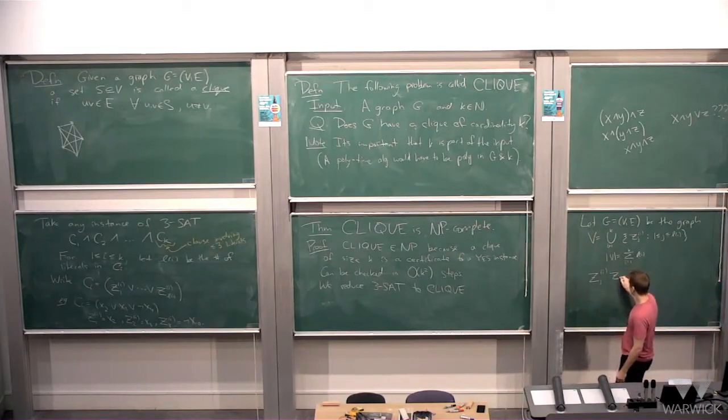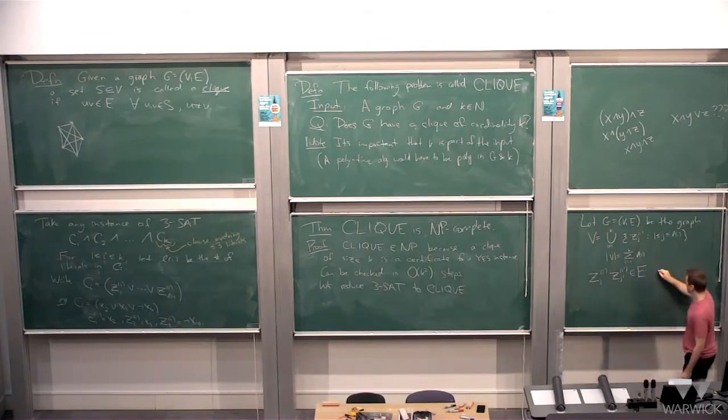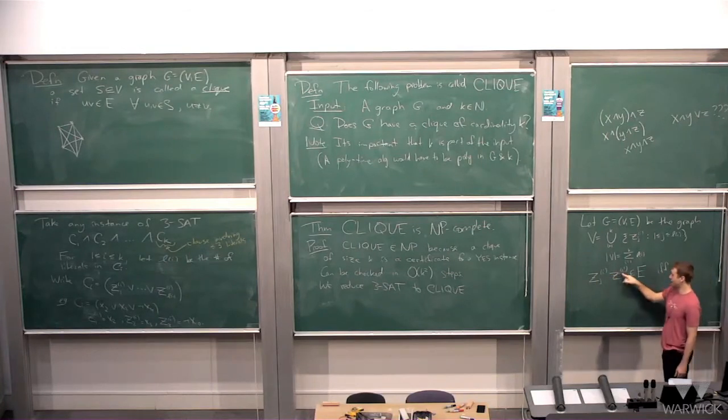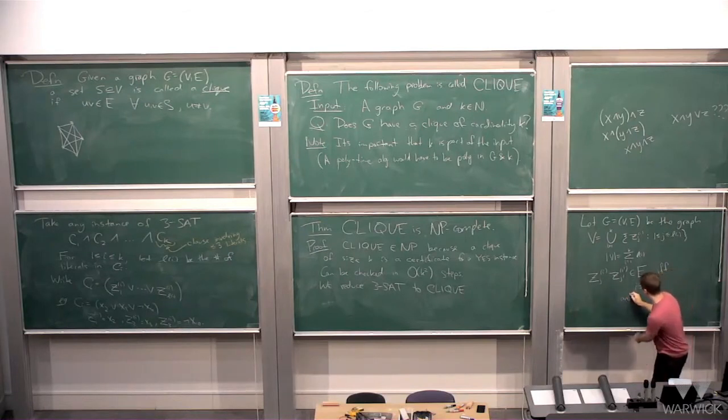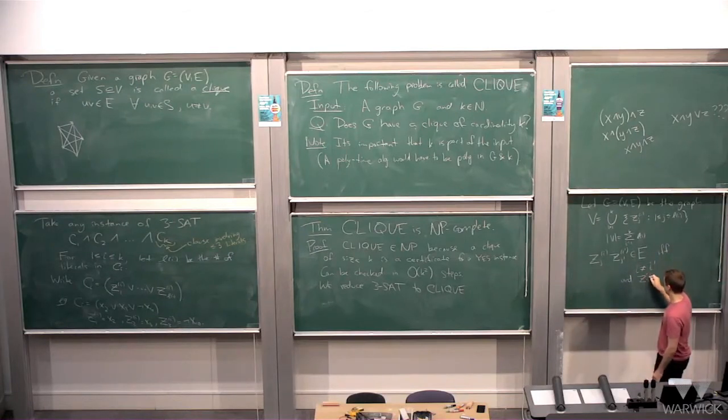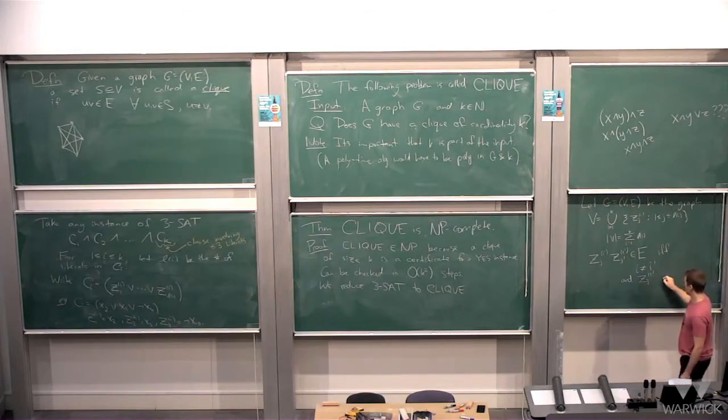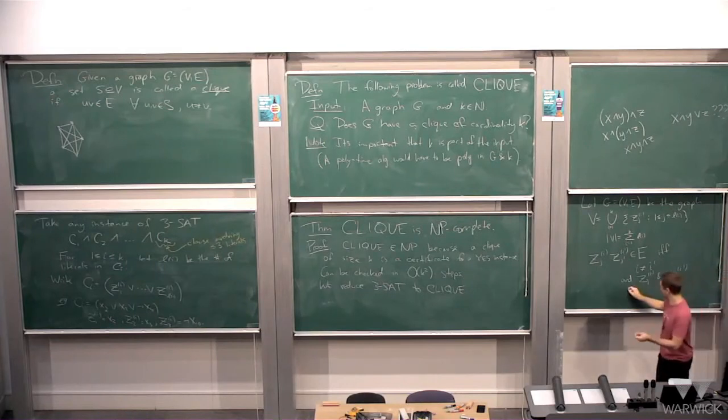Now the edge set is defined so that if I take two vertices, Z_j^i and Z_{j'}^{i'}, they make an edge if and only if two things are satisfied. First, i has to be not equal to i', and second, Z_j^i and Z_{j'}^{i'} are not negations of each other.